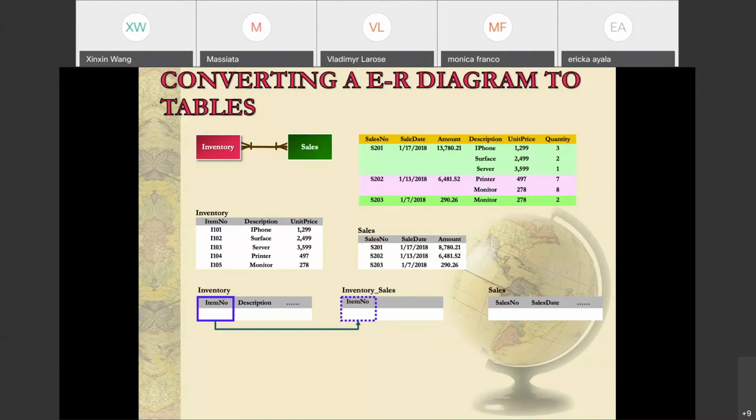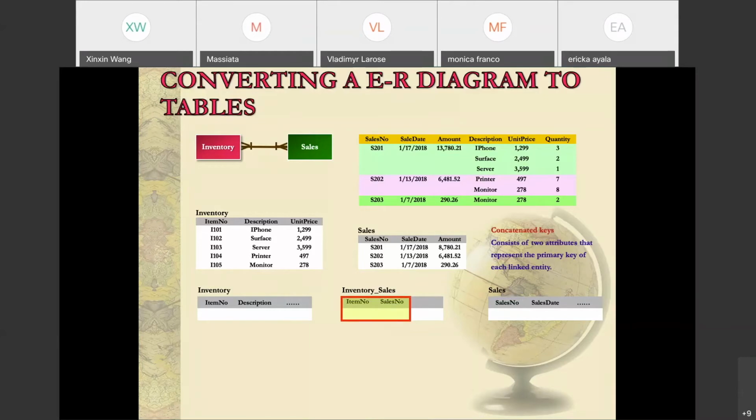But this is a composite key, because we need another one. We need the sales number from the sales table. Together, the item number and the sales number become the composite key of the inventory sales table.